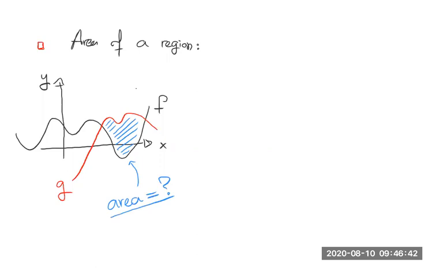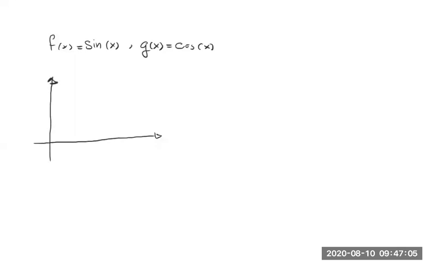Let me give you one explicit example. This is a good example, an example from the book. Suppose these two functions, f of x equals sine of x, and g of x equals cosine of x. Sine, I would show it with red.